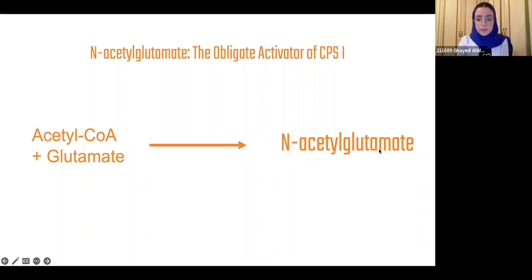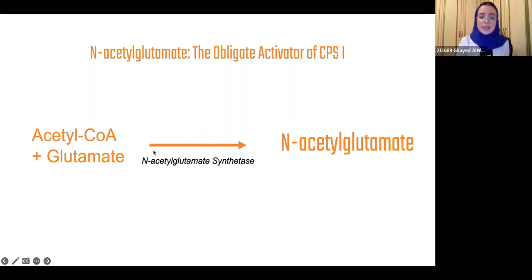From the name, you can see that it's made up of two molecules, right? The acetyl part and the glutamate part. So first you have acetyl-CoA, and that combines with glutamate to make N-acetyl glutamate. And because we're synthesizing N-acetyl glutamate, the enzyme is also called N-acetyl glutamate synthetase.